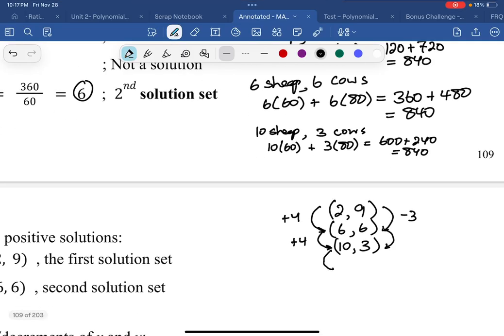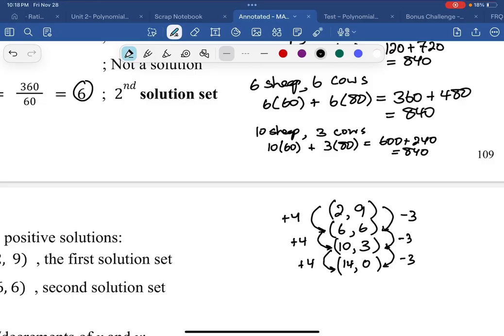I could do it again, or at least try. Another plus 4, now I'm up to 14 sheep. Subtract off 3, I'm down to 0 cows.